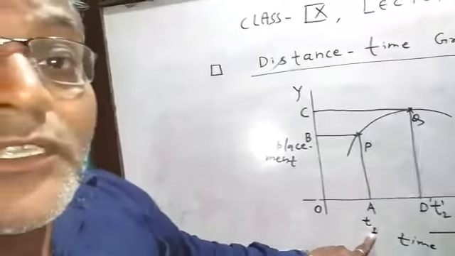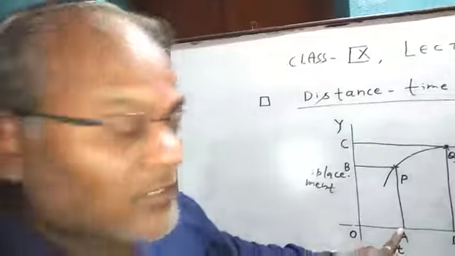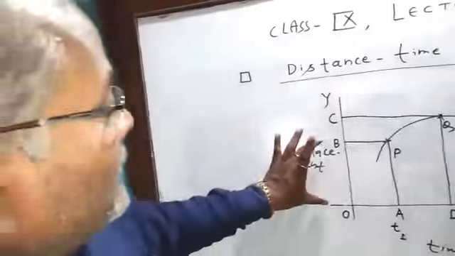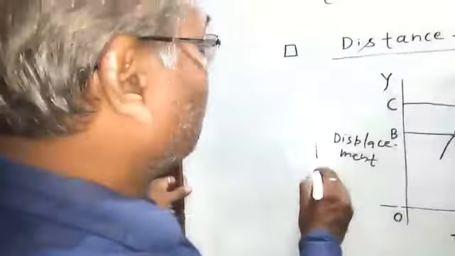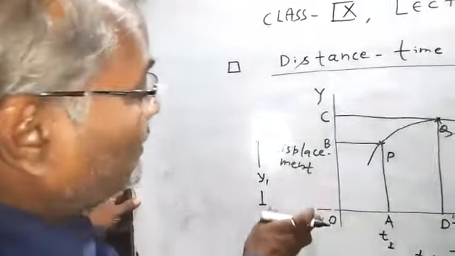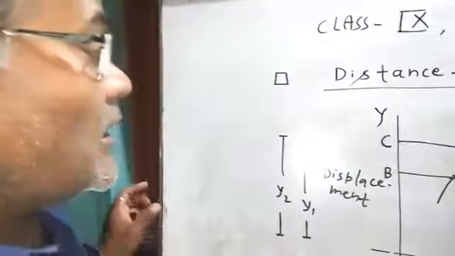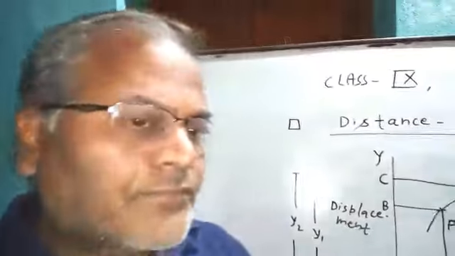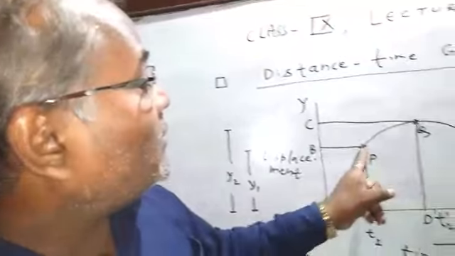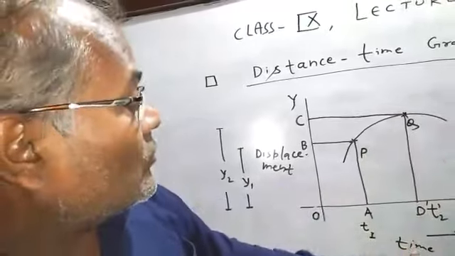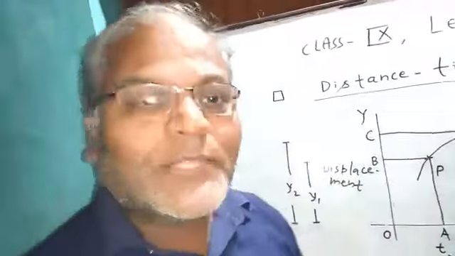Remember, in the graph, OB will represent the displacement y1, and similarly the length of OC will represent y2. So, my dear students, two perpendicular lines are drawn from points P and Q on the time and displacement axes respectively.